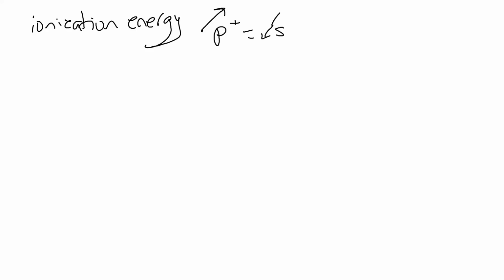Everything. So the characteristics of the periodic table. Ionization energy: high protons, low size; high shells, high size.